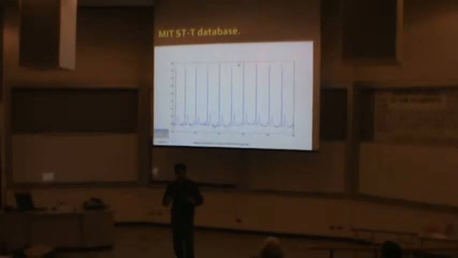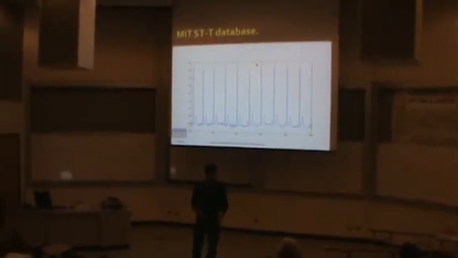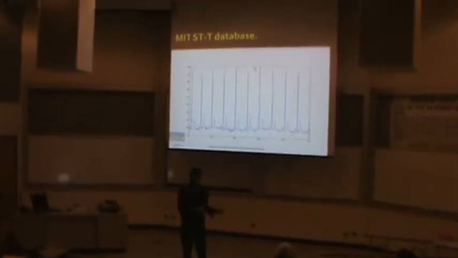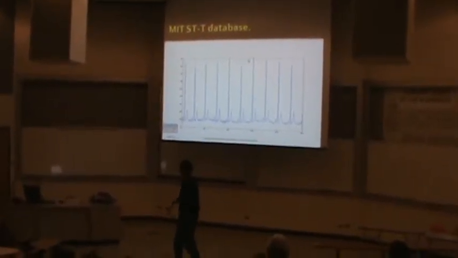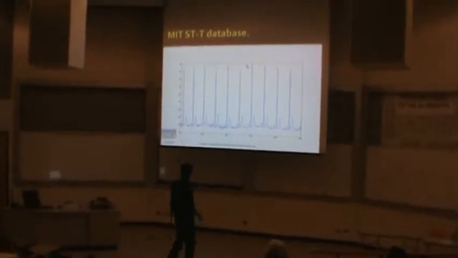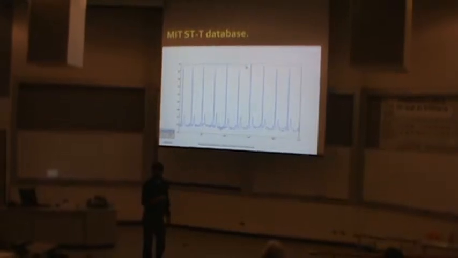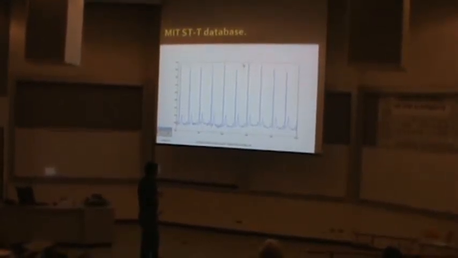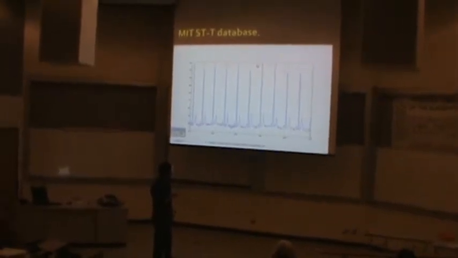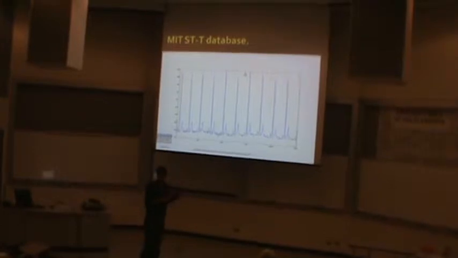So a person was wearing a device and going on with his daily activities, and the signal was recorded till he died, basically. So this, in a way, represents his ECG signal just before the onset of his heart attack. You can see this is the ST elevation. And if you can see, this has a slight baseline wander. So if I don't remove this baseline wander in the signal, I'll never be able to detect my ST elevation.